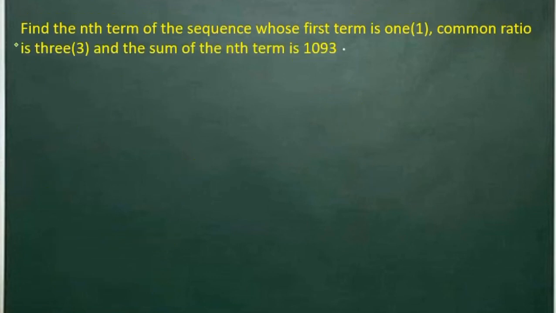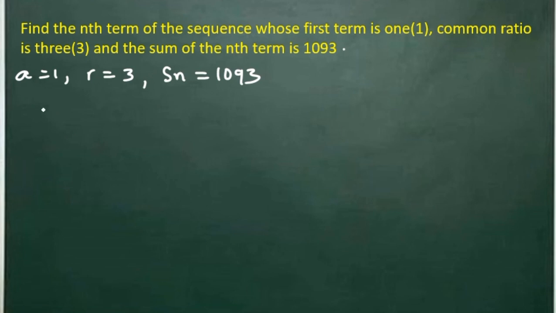The next question is: find the end term of the sequence whose first term is 1 and common ratio is 3 and the sum of the n terms is 1093. From the question, the first term a is 1, the common ratio r is positive 3, and Sn, the sum of the sequence, is given to be 1093.